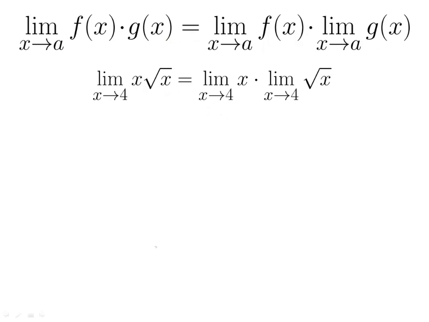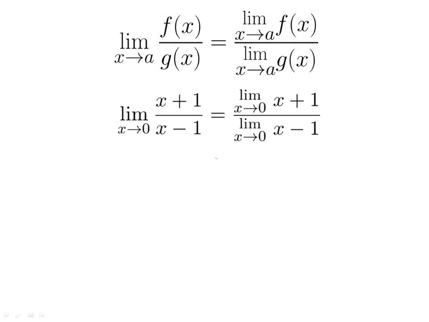Also, if we're going to multiply two functions of x, it's the same thing as taking the limit of each function and then multiplying them together. Also, just like multiplying, we can do division. For example, the limit as x approaches 0 of x plus 1 divided by the limit as x approaches 0 of x minus 1.